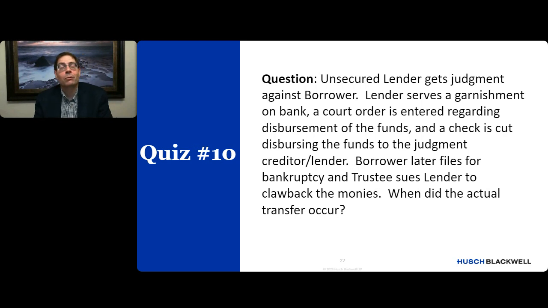And you may be rolling your eyes, going, why does this matter? And the answer is it matters because when the transfer occurs is going to determine when that 90-day clock starts to run. And that's that window of time that the trustee has to avoid the transaction. So when do you think the transfer occurred?